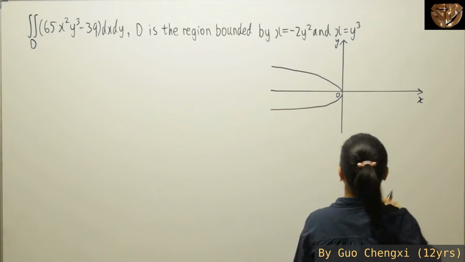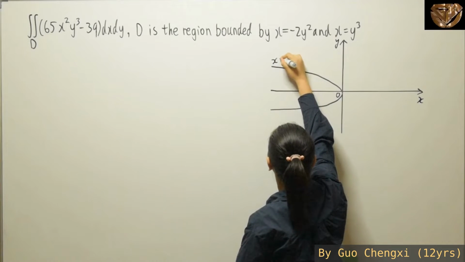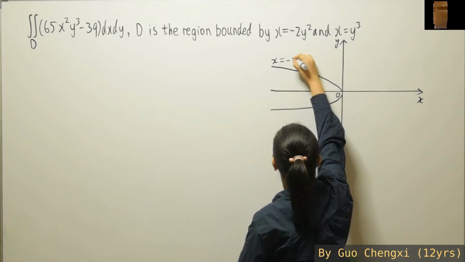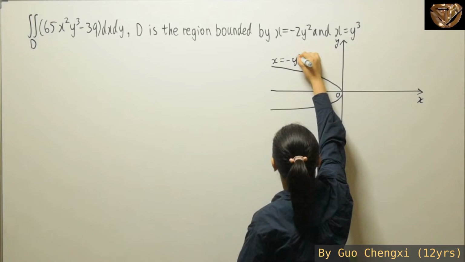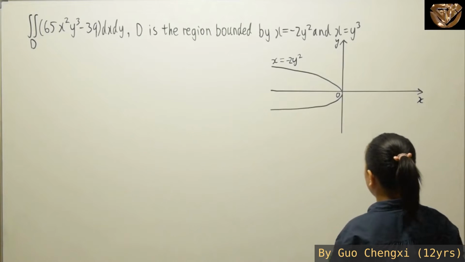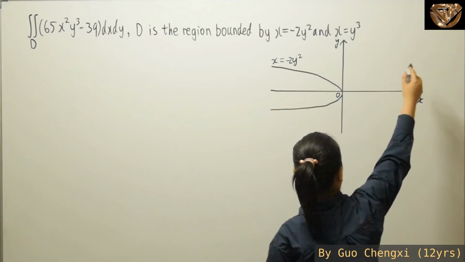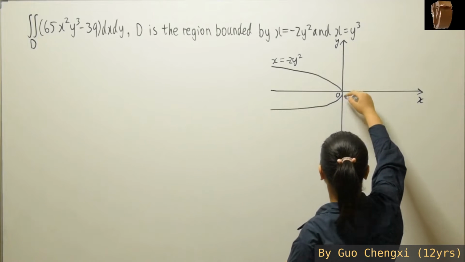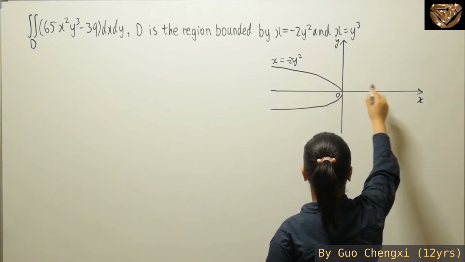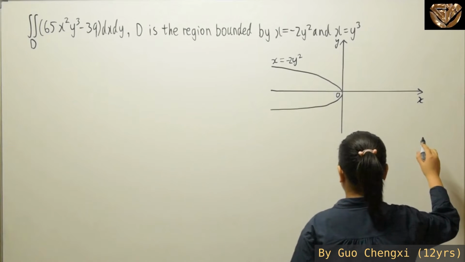So this is x equals negative 2y squared. Then what about x equals y cubed? Because it is cubed, even if there's a negative, this part is going to also be at the negative part.